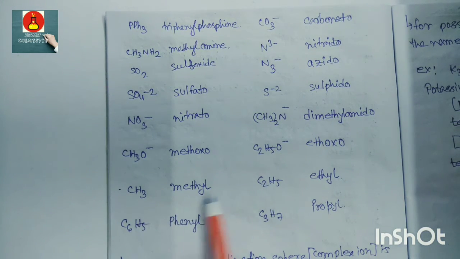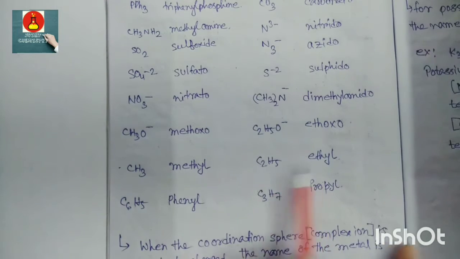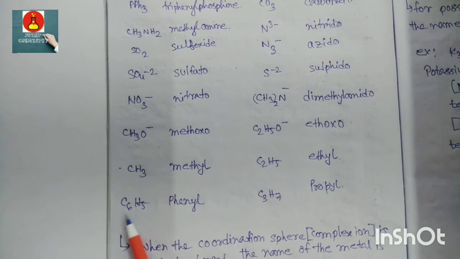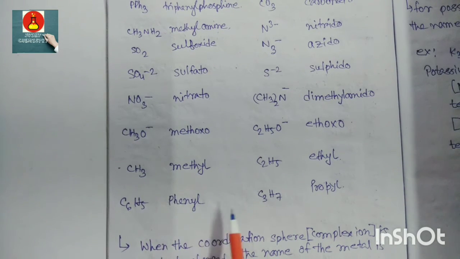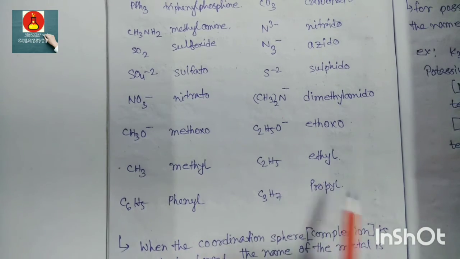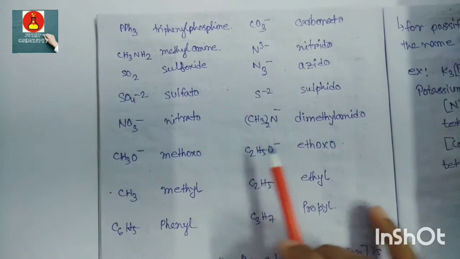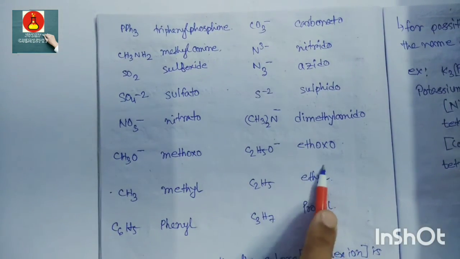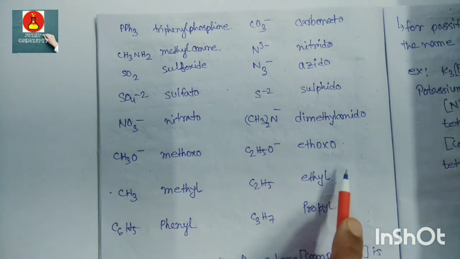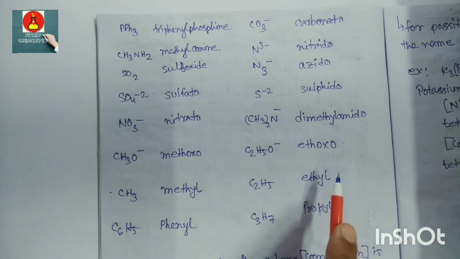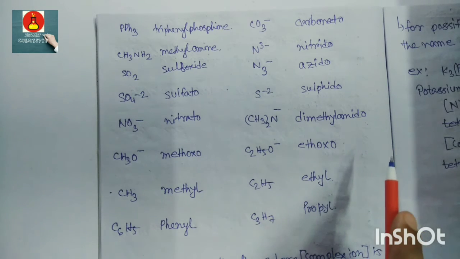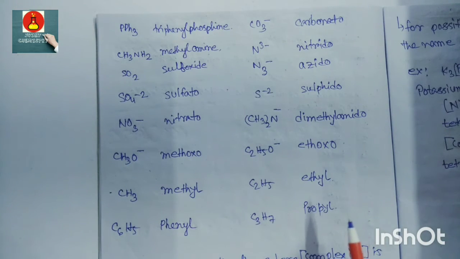CH3 is methyl, C2H5 is ethyl, C6H5 is phenyl, C3H7 is propyl. So these are some examples of ligands and their names. In the previous video, I already gave you many other ligands with their names and structures. If you have not watched that video, please go and watch it to understand the names of many other ligands.